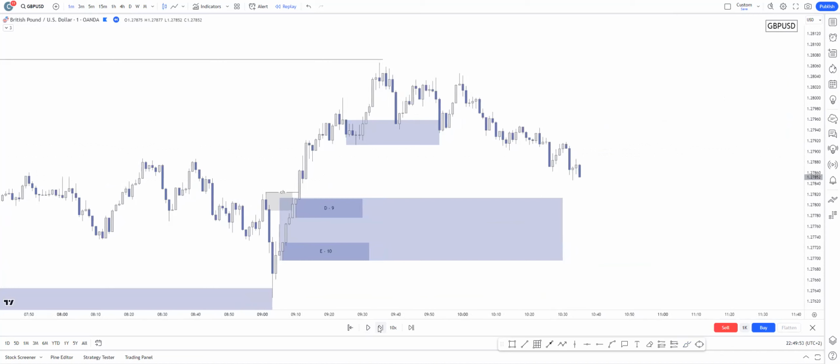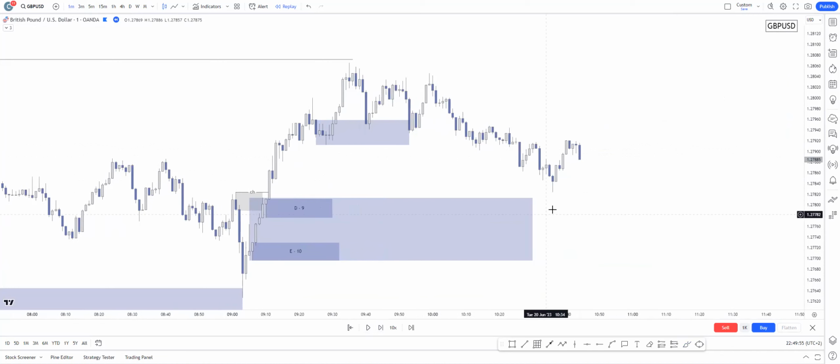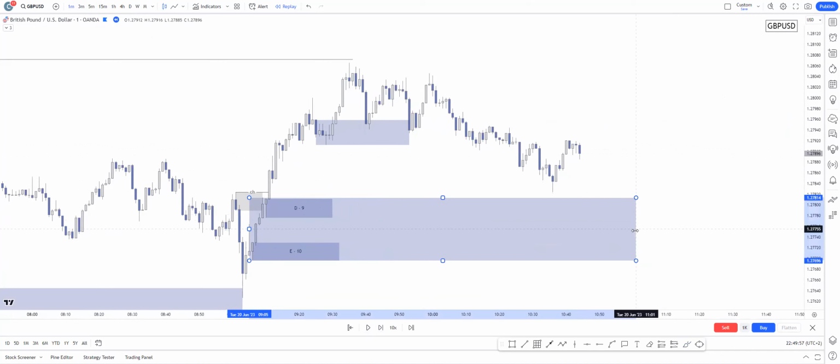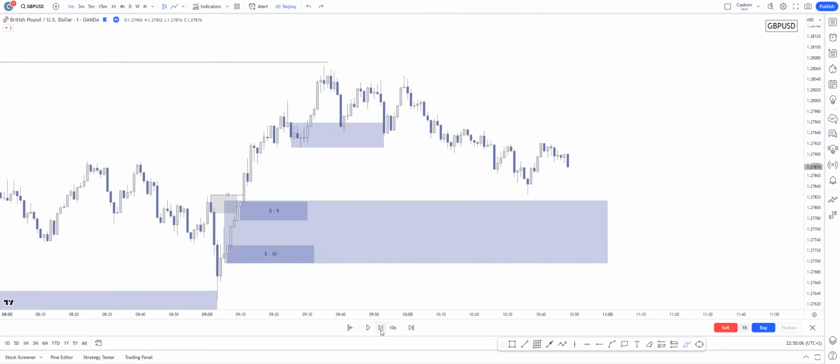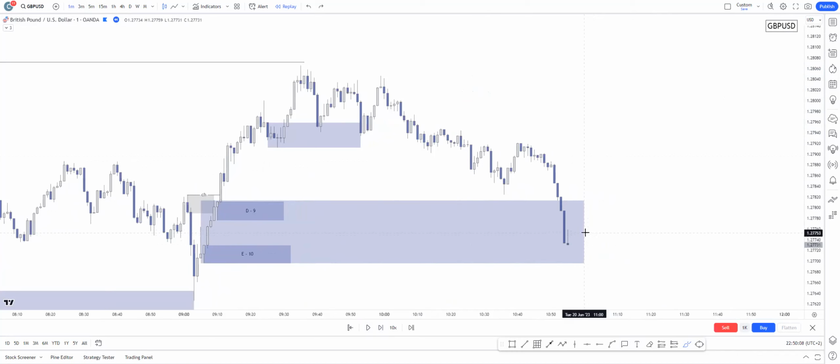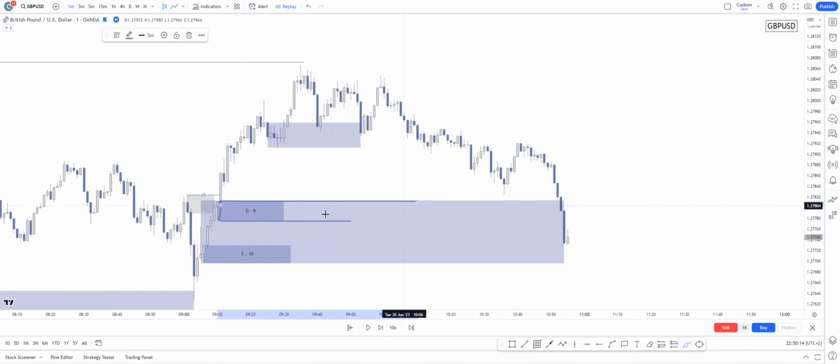Half of the session has already passed. There is still no demand mitigation, but price is building up really nice liquidity on the upside. This is really nice liquidity creation on the upside for our future longs. And we have a demand mitigation. All right, as you can see, the decision zone would have failed.